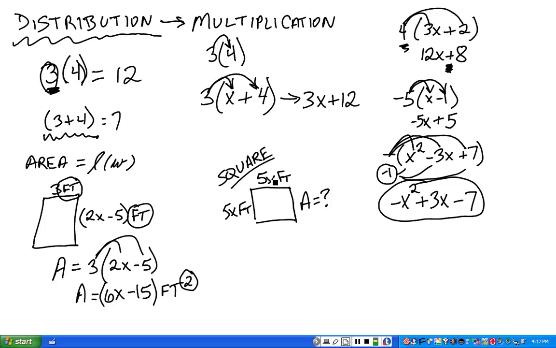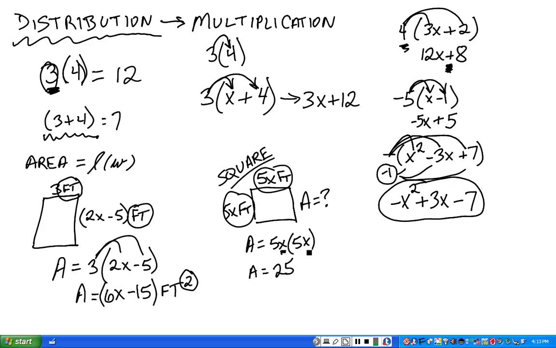And really all I need is the width and the length to be multiplied. So I would say area equals 5x times 5x, length times width. So area equals 25.